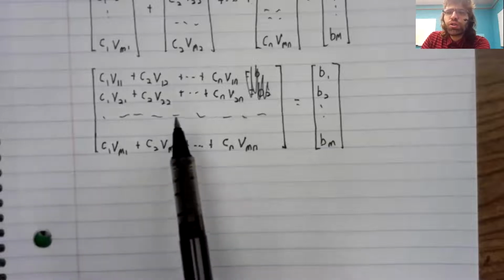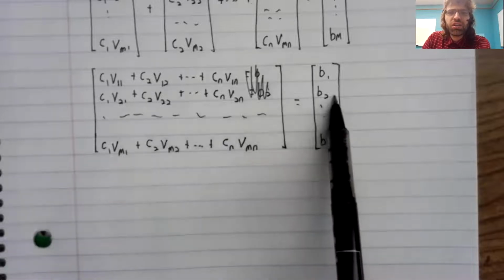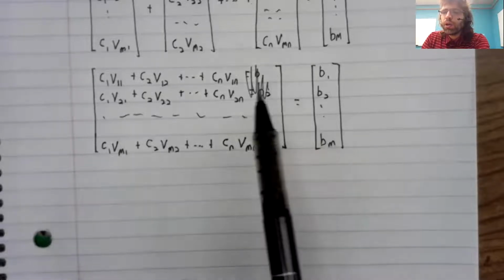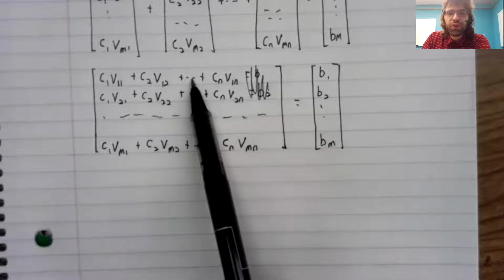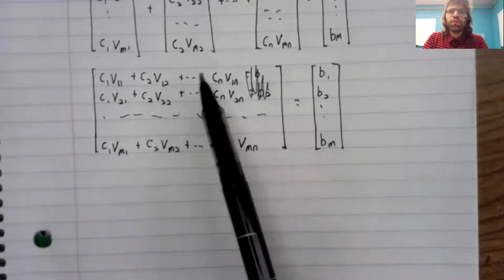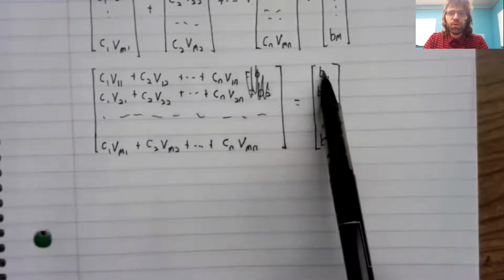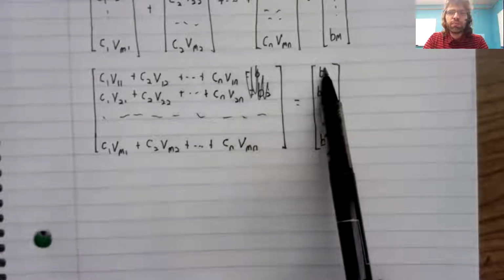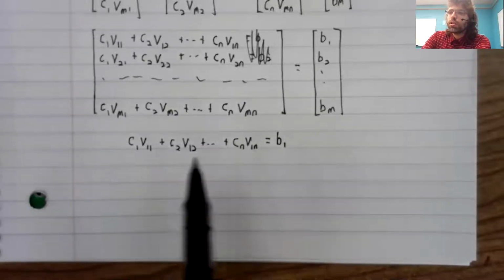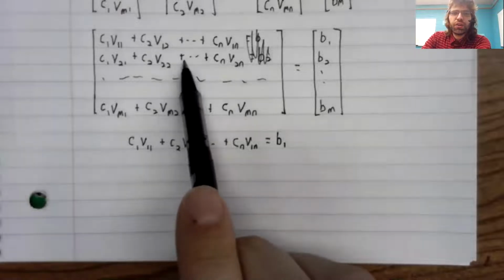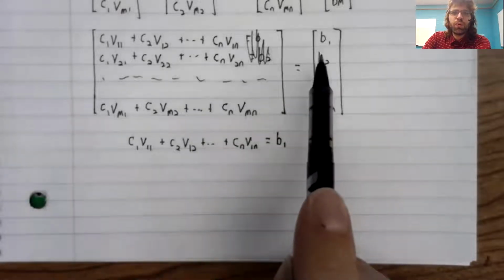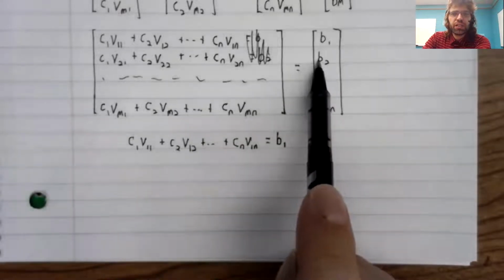Now, when our two vectors are equal, to be equal, this first entry here has to equal this first entry here. This entry here has to equal this entry here.